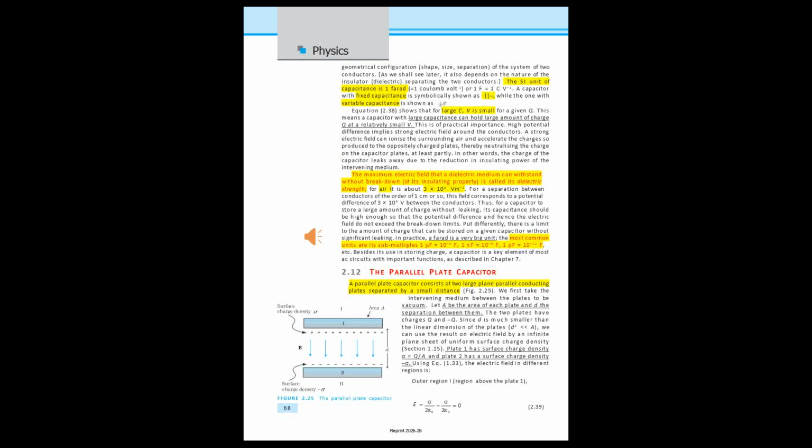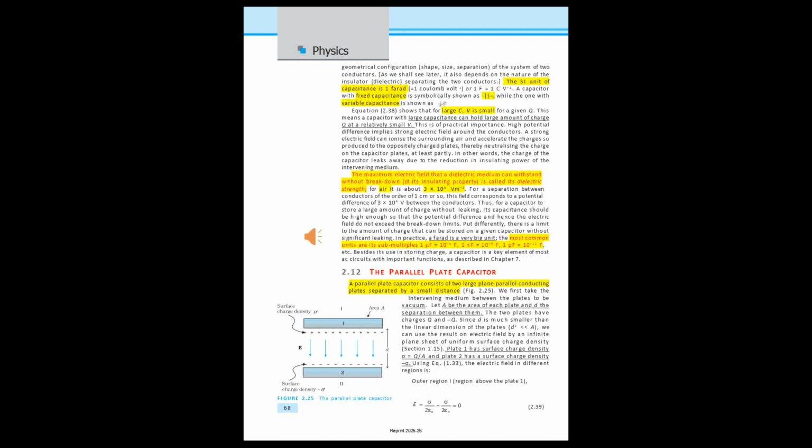As we shall see later, it also depends on the nature of the insulator (dielectric) separating the two conductors. The SI unit of capacitance is 1 farad, equal to 1 coulomb per volt, or 1 F = 1 C V⁻¹. A capacitor with fixed capacitance is symbolically shown as, while the one with variable capacitance is shown as. Equation 2.38 shows that for large C, V is small for a given Q.